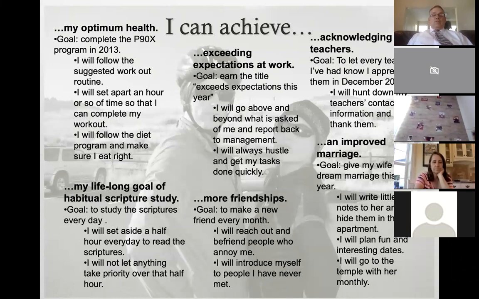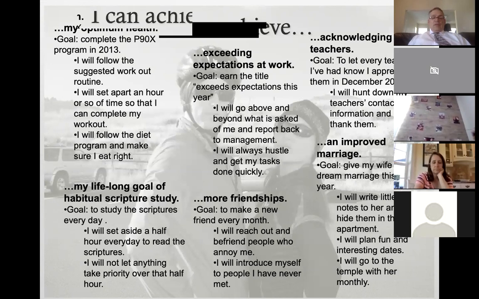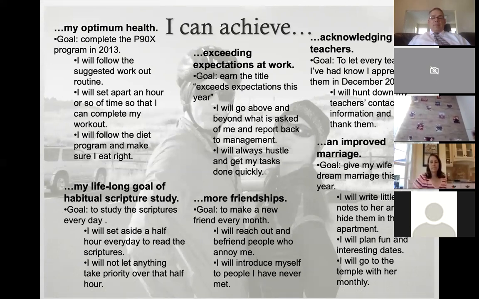The objectives: follow the workout, set apart an hour of time, follow the diet program. Bottom left, goal, to study the scriptures every day. That's pretty simple, but it is specific and there's a time element. Set aside half an hour every day to read the scriptures and don't let anything get in the way, okay?